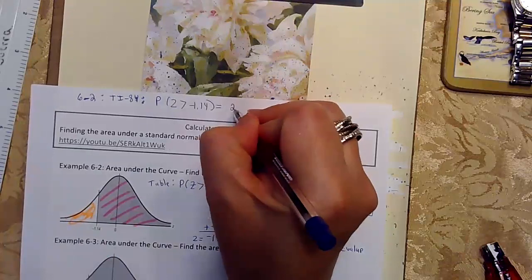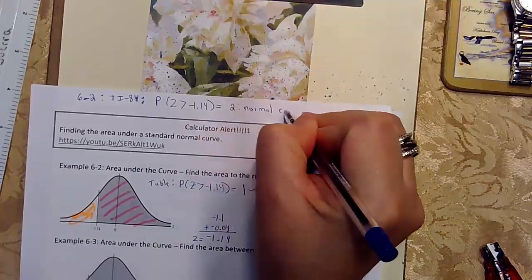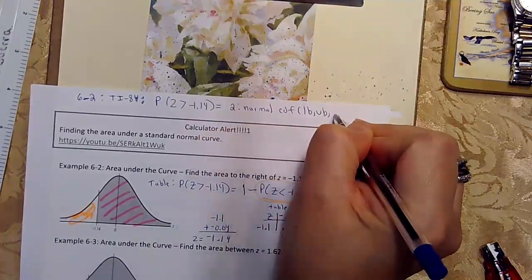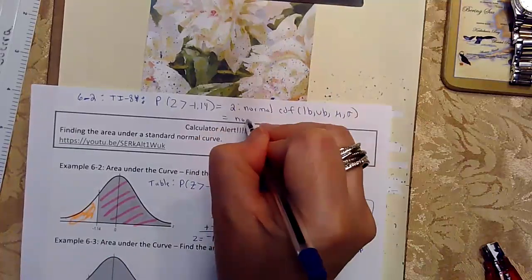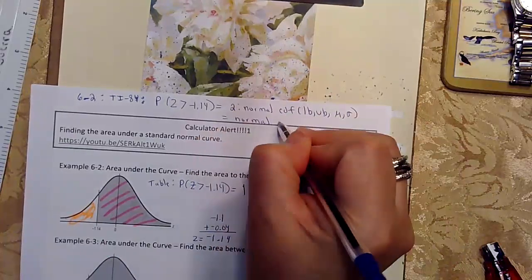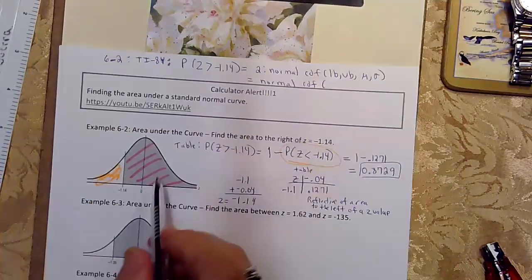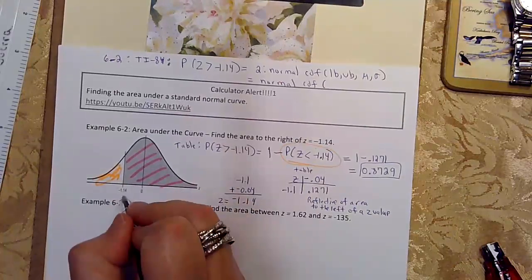So 2nd, normal CDF: lower bound, upper bound, mu, sigma. And then you do your substitutions. So lower bound, you want what's in pink. This is your lower bound from left to right.